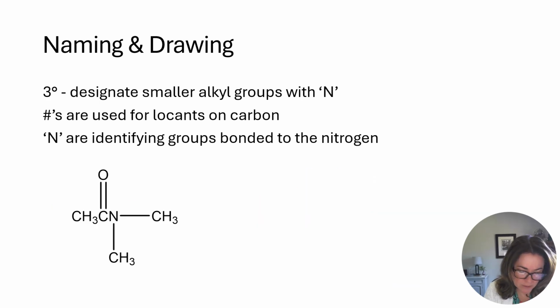All right, so let's go ahead and tackle our tertiary amides next. Again, we're going to be identifying our smaller alkyl groups with N. Numbers are used for the locants on the carbon, and the N is used for identifying groups bonded to the nitrogen. Let me first identify my carbonyl and my parent chain. So here we are. I have 2 carbons.